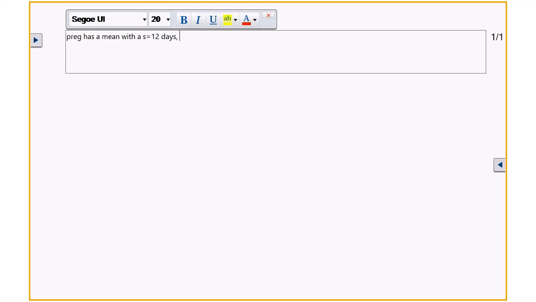What is the probability of a birth within 12 days? No, let's go with 24 days. This is a test question, and it is an empirical rule. And I'll put empirical rule right here so you can't mess it up. Empirical Z rule.